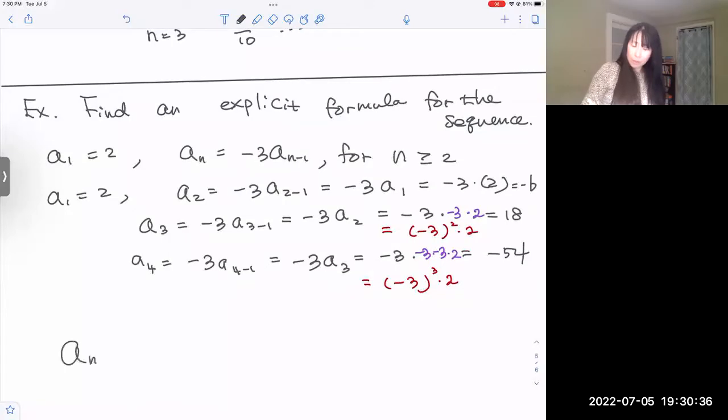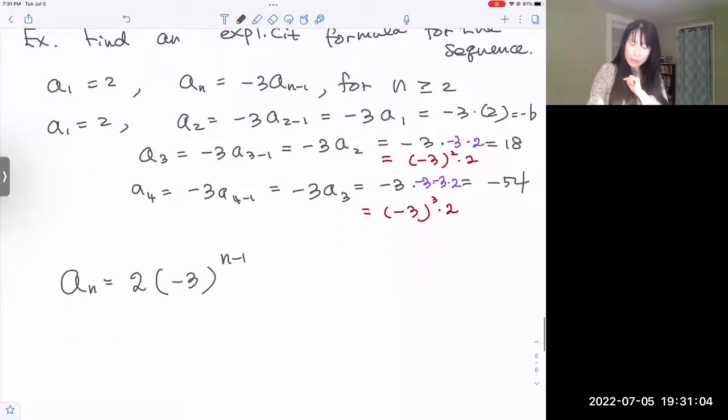We have a sub n, which is the formula for that. Every term has a 2, so 2 times negative 3 to a power, and we had the exponent, right? So increase by 1 the power, we had n minus 1 earlier. Okay, then let's check that.